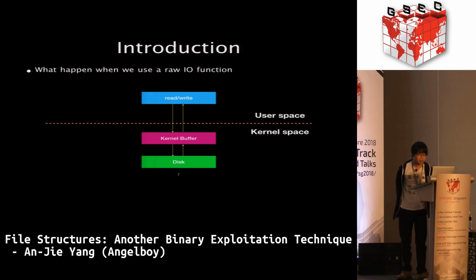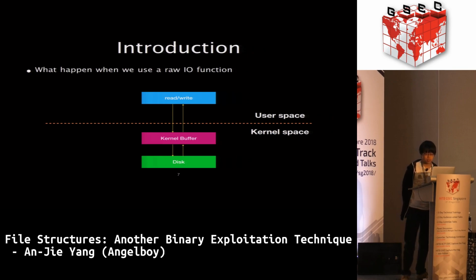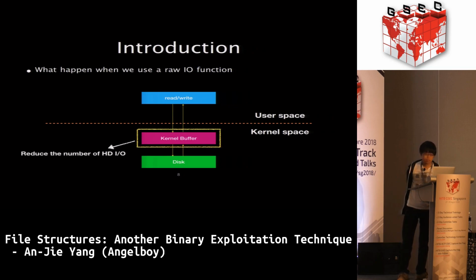Then it will be copied to your destination address in user space as you want to read or write. The purpose is to reduce the number of hard disk reads and writes. It will increase the performance of file operations.